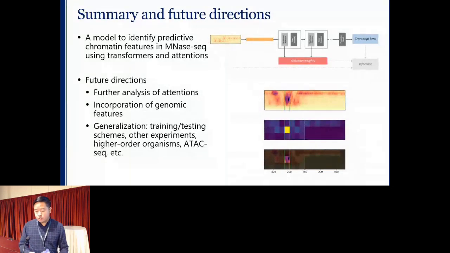I described some future directions of analyzing these attentions and incorporating other genomic features into the model, such as nucleotide sequence or annotations in the genome, and maybe think about how we can generalize these models to other training and test schemes, other experiments, and how higher order organisms can be handled with this model. And that would require longer range ideas like enhancers.